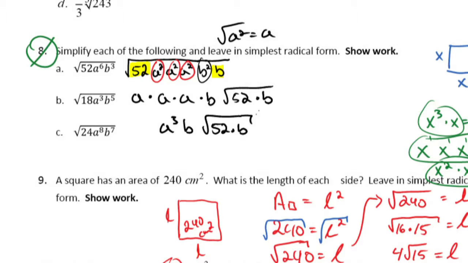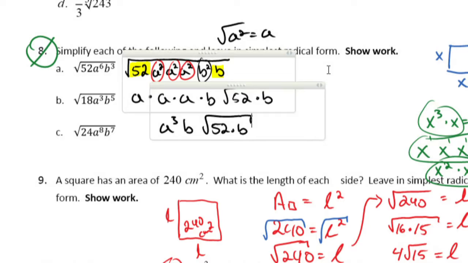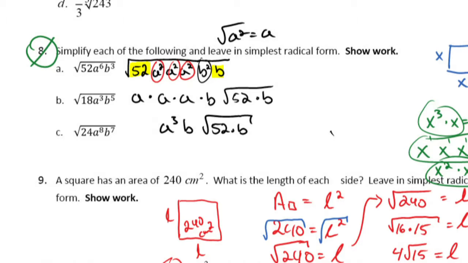All right, so 52 divided by 16, that's 3.25, that doesn't work. 52 divided by 36, no, that doesn't work. 52 divided by 4, that works. So now I need to do another step here and take this 52 and break it down further. So a cubed, b, 52 I'm going to break into 13 times 4.